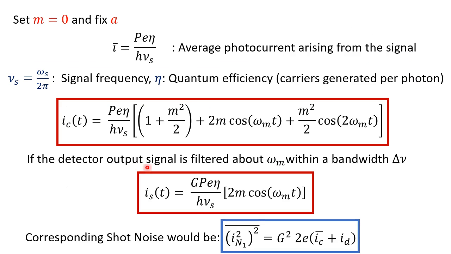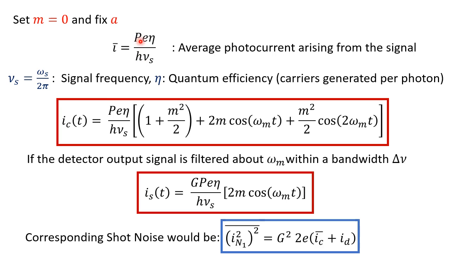And the way to fix that prefactor A would be to basically set my modulation to 0. And I know that this is my input power. So input power divided by the energy of individual photons, h nu s, corresponding to the signal photon energy, will give me the rate at which photons are impinging.